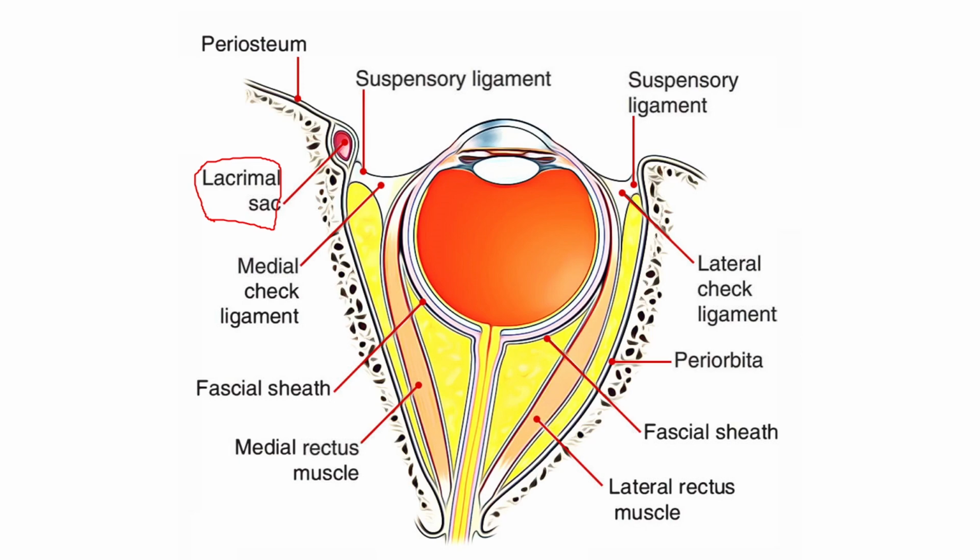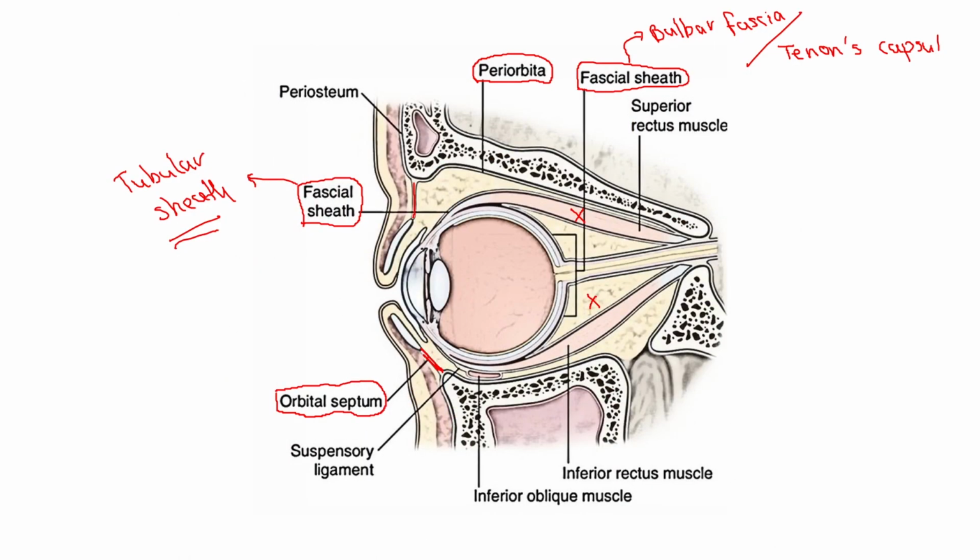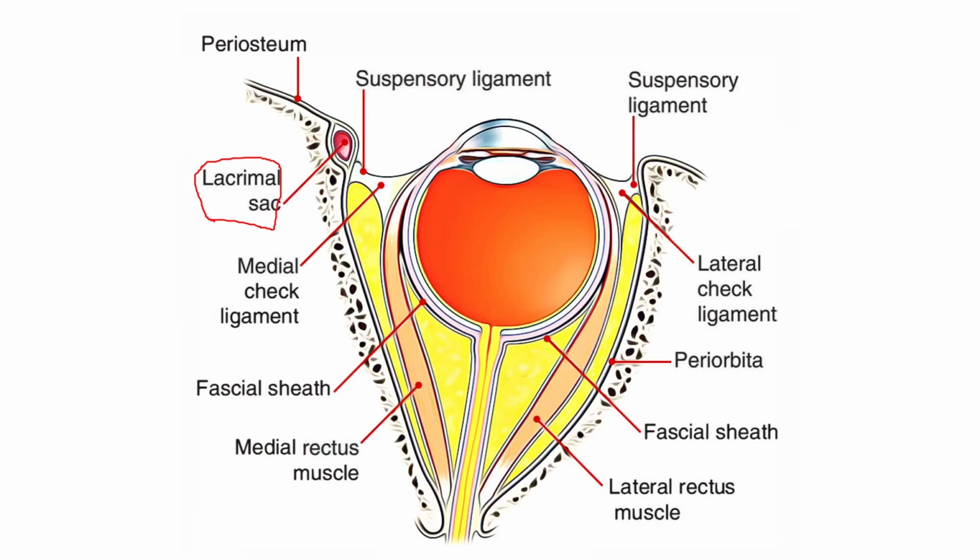So going back to the tubular sheath, as I said, I'll speak more about it. The tubular sheath is the part that goes around the extraocular muscles, and there is a significant importance to the tubular sheath of two muscles, the medial rectus muscle and the lateral rectus muscle.